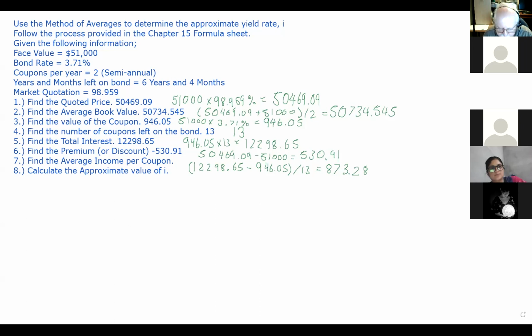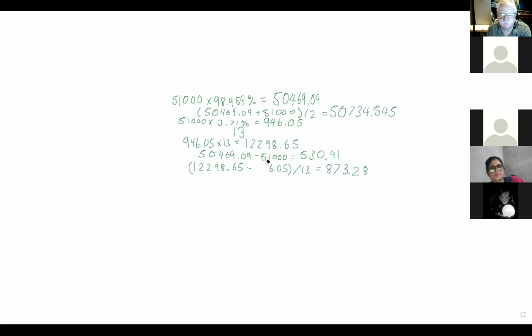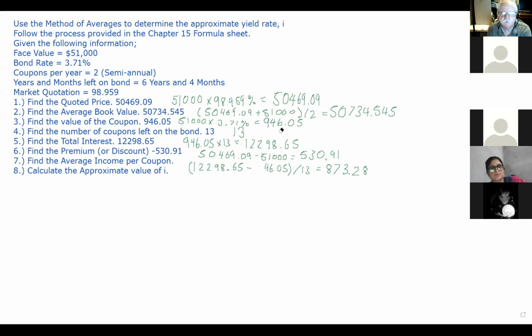So why isn't that working? What did we do differently from what Moodle wants? The total interest, number 5, that's the total interest, minus the premium. Oh, not minus the coupon, minus the premium. Okay, let's fix that and try it again. Well, that didn't work too well. So we can't erase that.